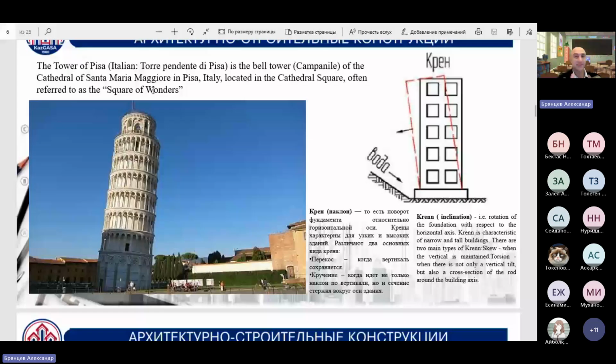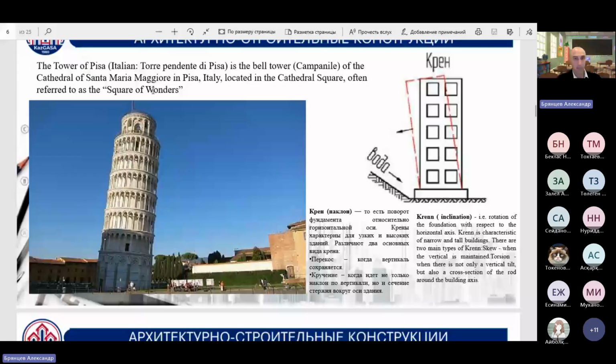This case clearly demonstrates the importance of correctly applying soil properties and preventing differential deformations already at the calculation and design stage, right?